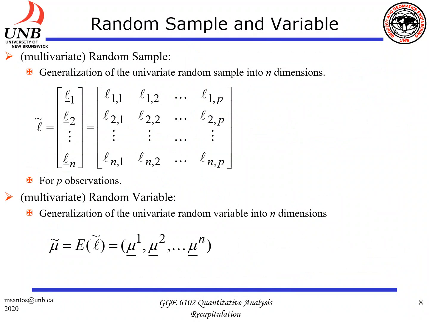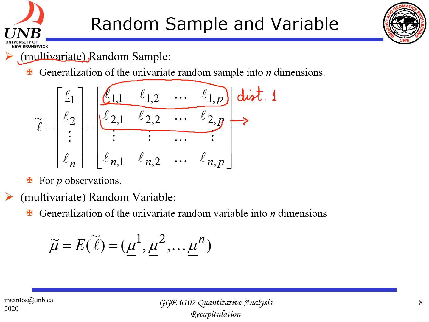If we generalize for a multivariate case, it means that we have several observation sets. So this is the first observation set. This may be, for example, distance 1, and we have the second observation set.